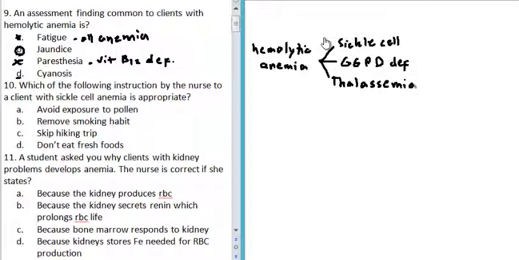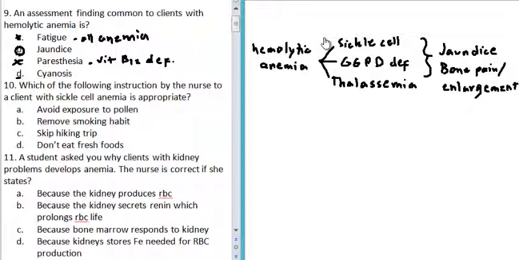All of these are subtypes of hemolytic anemia, and all of them will manifest jaundice. What else? They will manifest bone pain or bone enlargement.